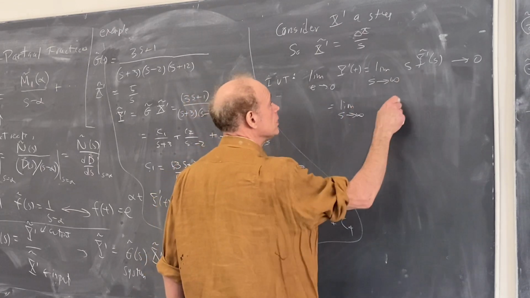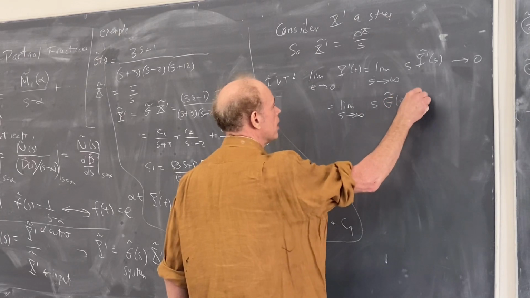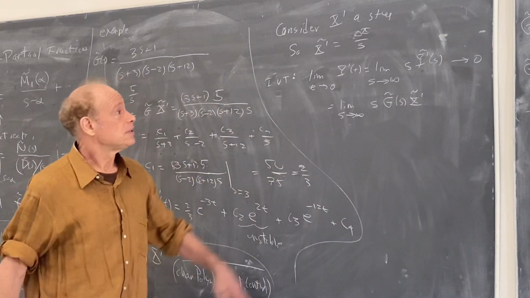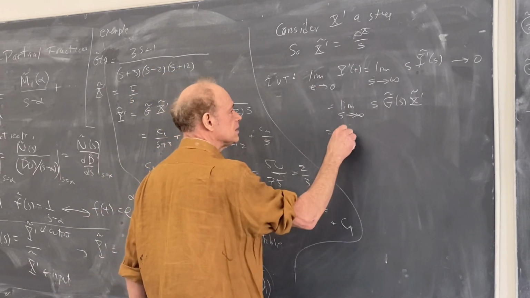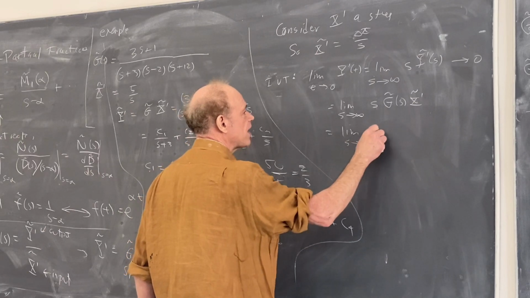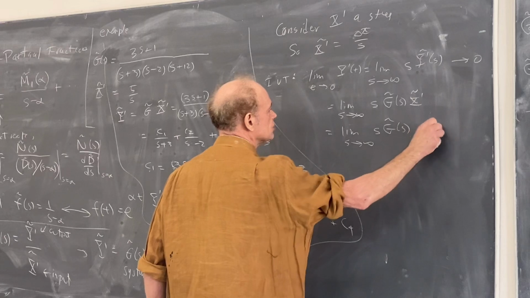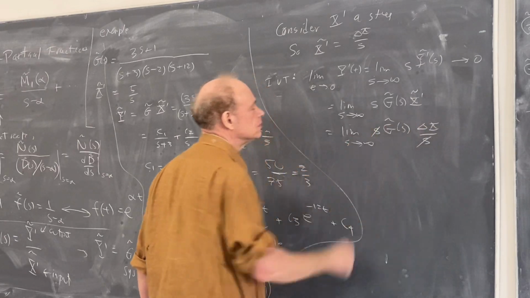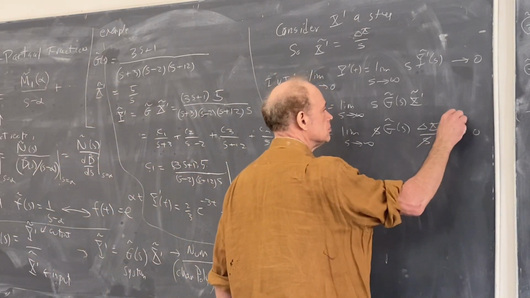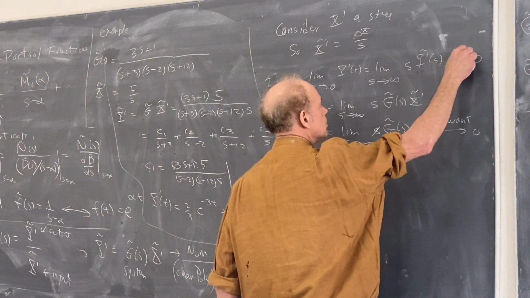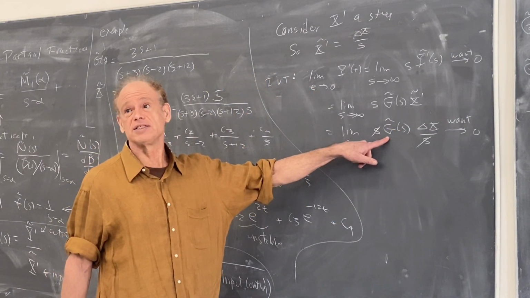Y prime tilde we know is G tilde of S times X prime tilde, where X prime is delta X over S. If I want this to be 0, then I had better have that the limit as S goes to infinity of G tilde of S is 0.